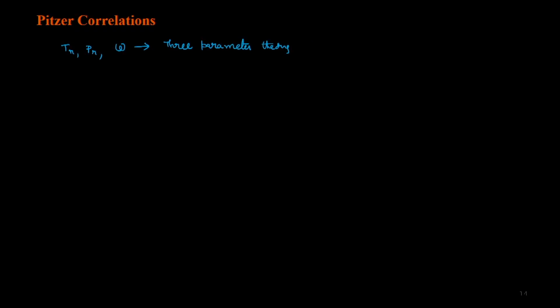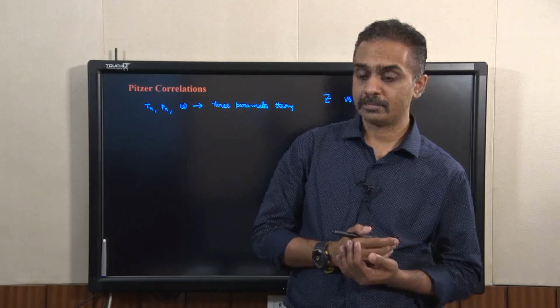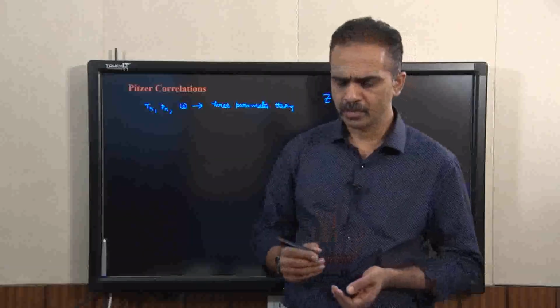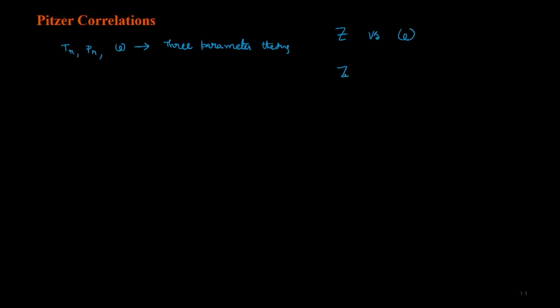So Pitzer has taken this idea, and what he has done is looked at the behavior of the compressibility factor Z versus the eccentric factor omega. And it turns out in most cases Z is a fairly linear function of omega. So what Pitzer proposed is Z can be expressed as a linear function of omega.